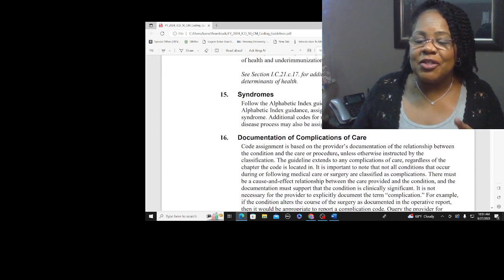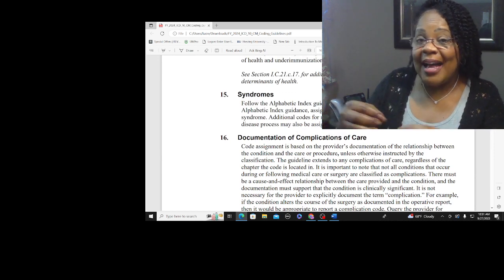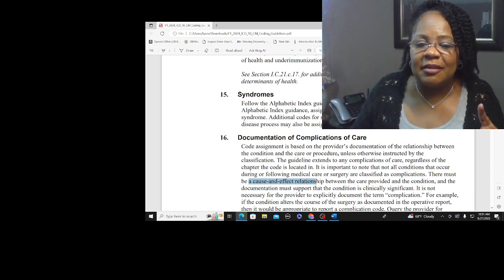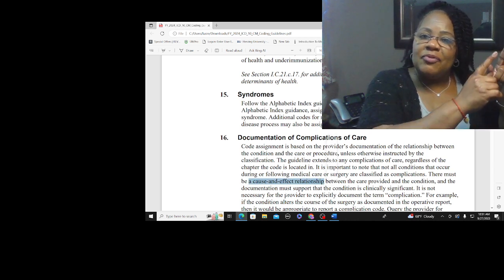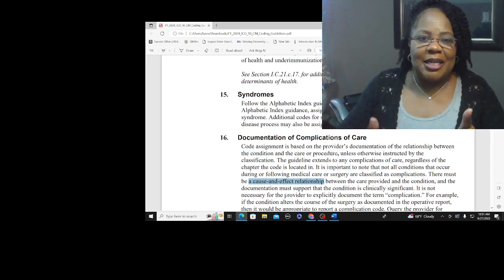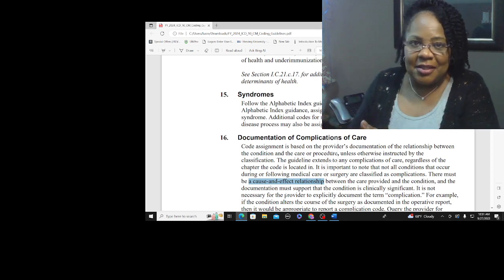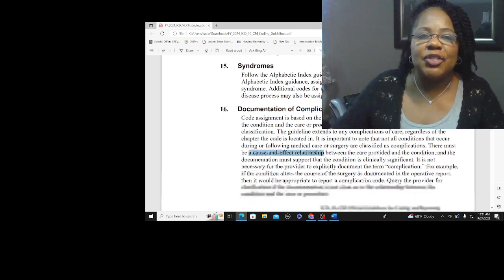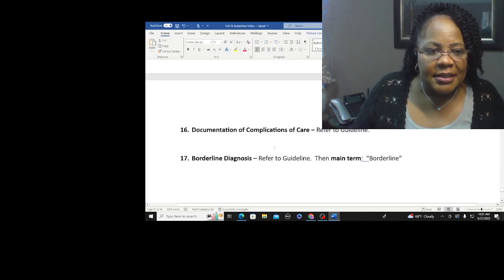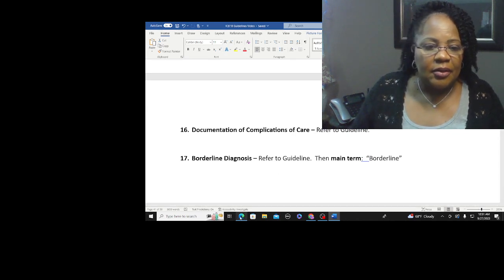Biggest thing I want to say here is remember, a complication is usually something that went wrong as a result of. There needs to be, as they state here, a cause and effect relationship. Because of this occurring, this happened. That's where a complication comes in. Because this was treated, this happened. That's a complication. It alters the care. Make sure I have nothing else at 16. All right, now we're ready to go into 17.